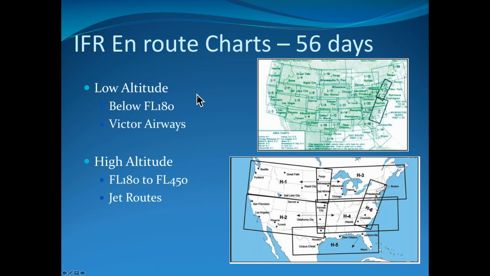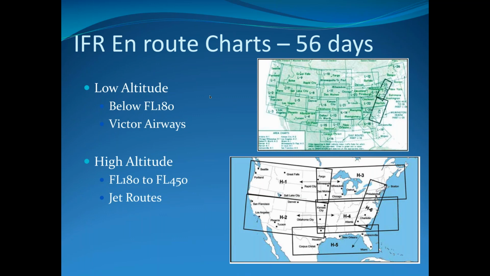The difference between the two charts is, like we said before, low altitude charts are for below flight level 180 or 18,000 feet. The primary way of navigating on these low altitude charts is what we call Victor Airways. If you can remember, those are those little highways that I pointed out yesterday.